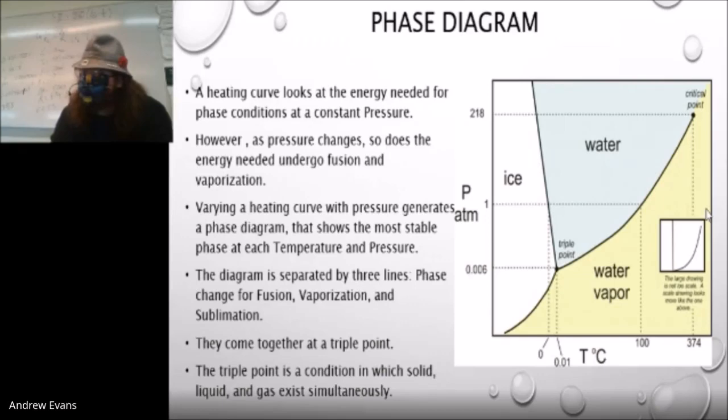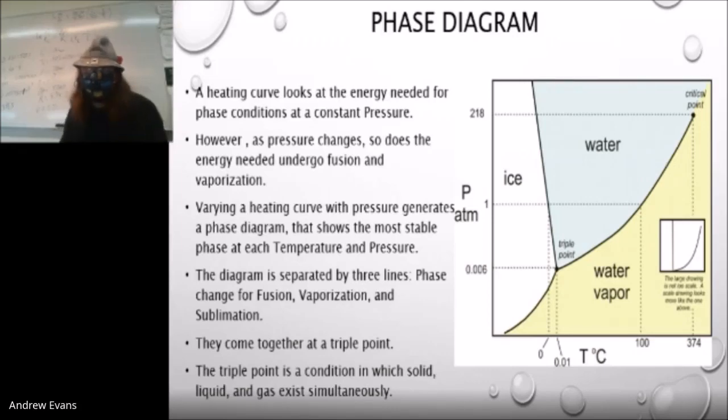Well, if I change the pressure, it's going to change this curve so we get a different melting point and a different boiling point. We still get that same plateau where it crosses its boundaries, but we just don't see those plateaus as much.